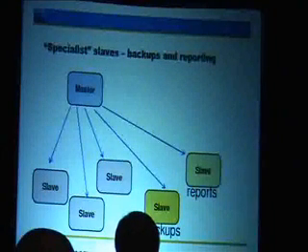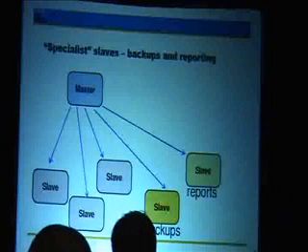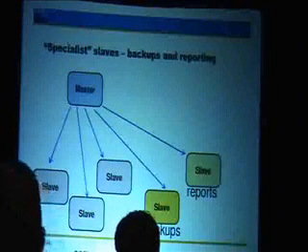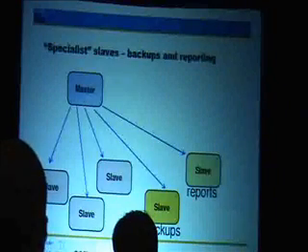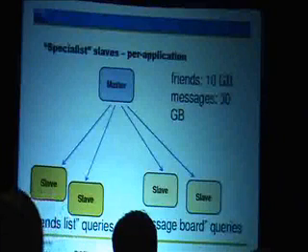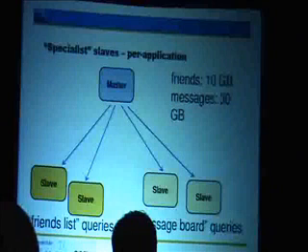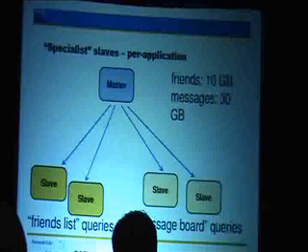Some use cases, we already talked about these two. You can have specialized slaves, where one is used for reporting or analyzing, and another is used for backup. And there are other ones where you can have some of the queries go to some slave and some others go to another one.